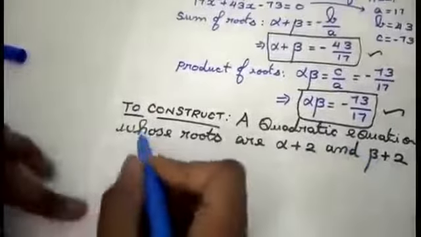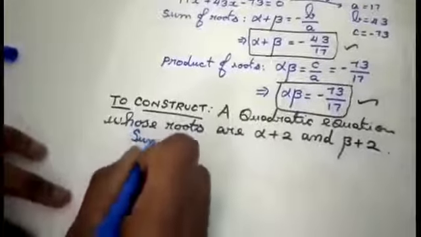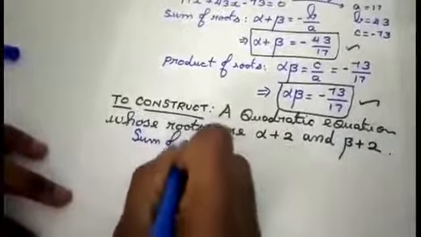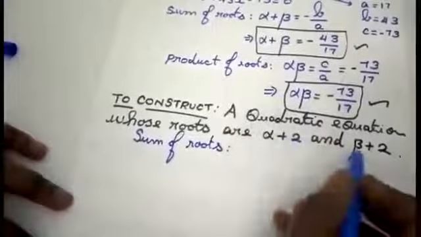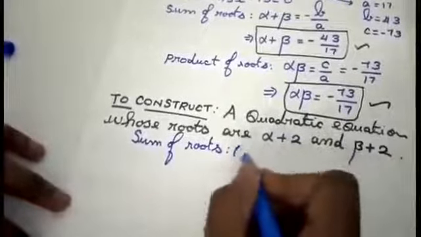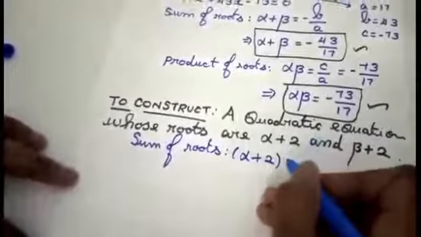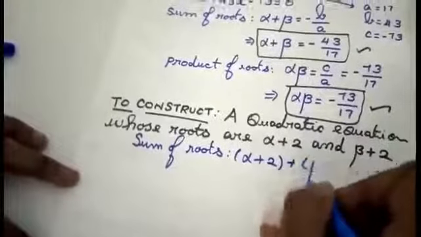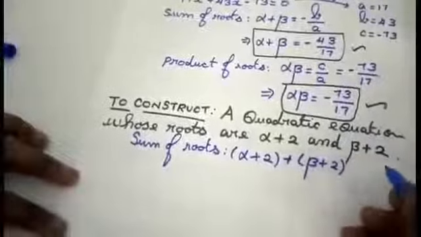Now I am going to find the sum of roots here, students. Sum of roots, two roots I am going to add, that is alpha plus 2 plus beta plus 2. I am not going to write it as minus b by a.